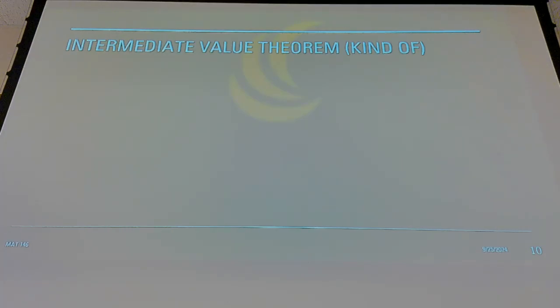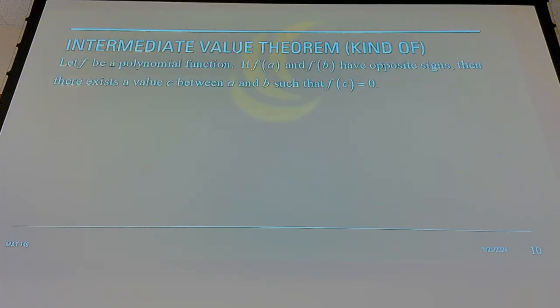It's a specialized case of it. It states if f is a polynomial and f of a and f of b have opposite signs, then there has to exist a value c between a and b where f is 0.